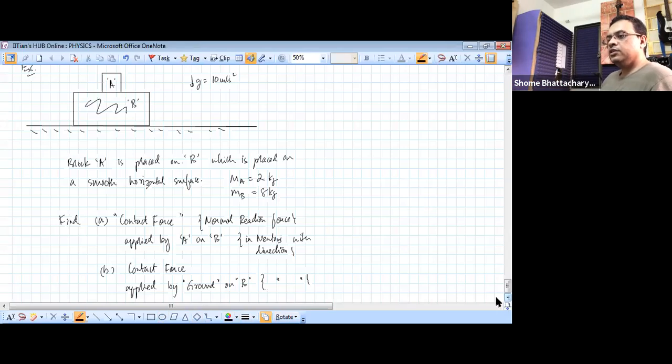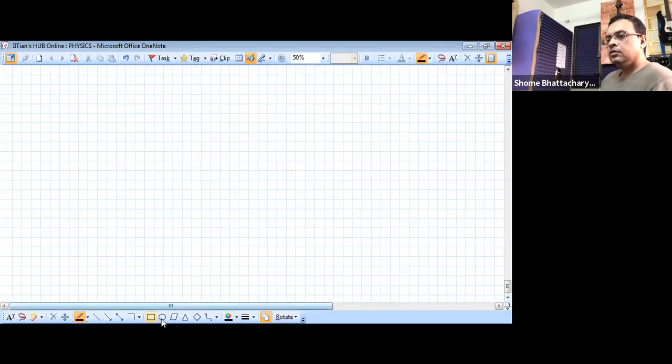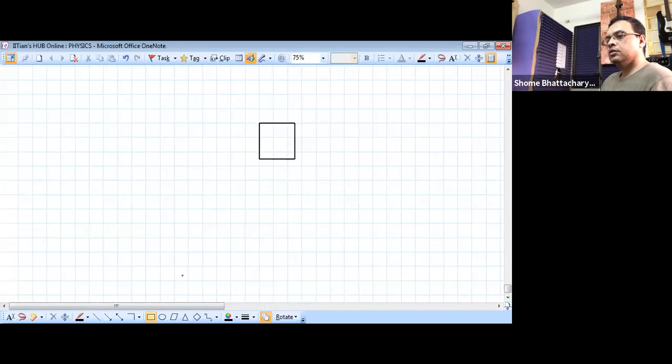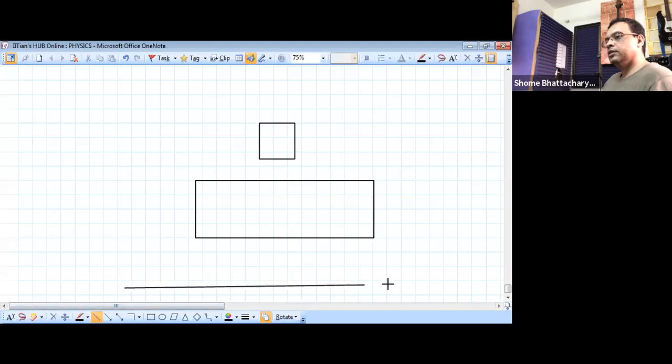So see, here what you have to understand is, if this is the block A, suppose, separately, we are just trying to understand the forces acting on it. This is the block B, and this is the floor below.